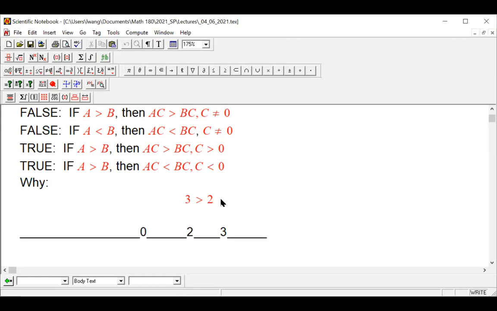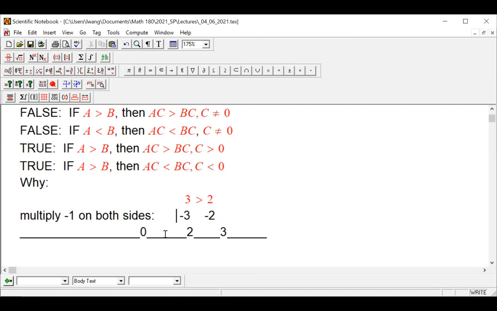But what if I multiply this inequality on both sides, multiply -1 on both sides? What do you get? You get -3 on one side, and you get -2 on the other side.